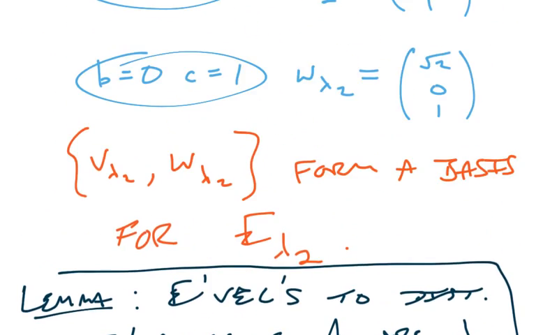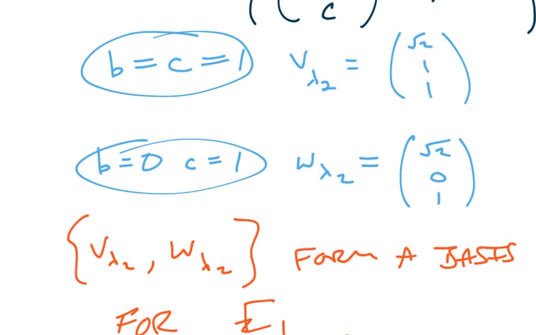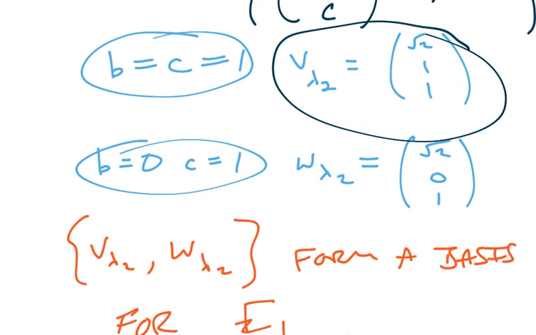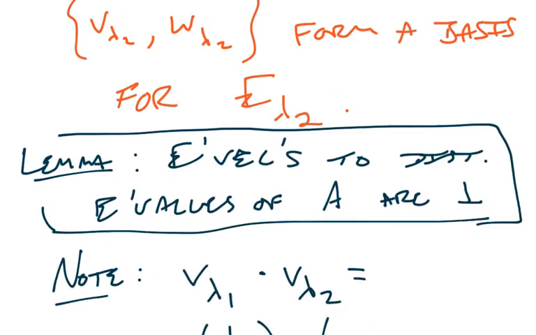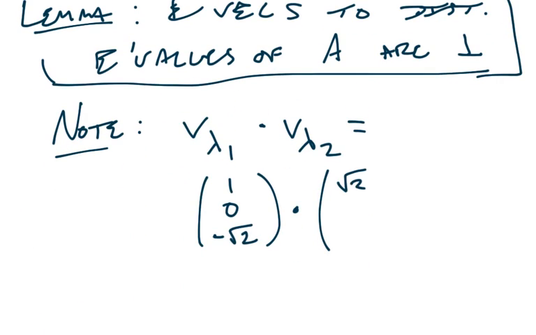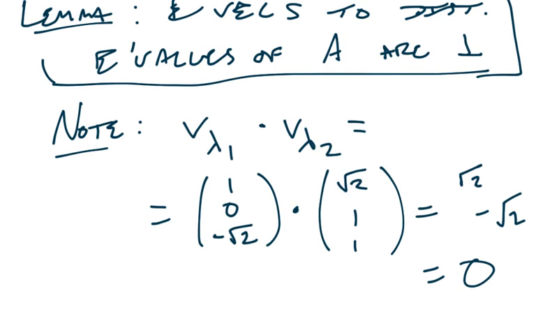V lambda 2 is right up here. That's root 2, 1, 1. And notice that this is root 2 minus root 2. This is 0. They are indeed orthogonal.